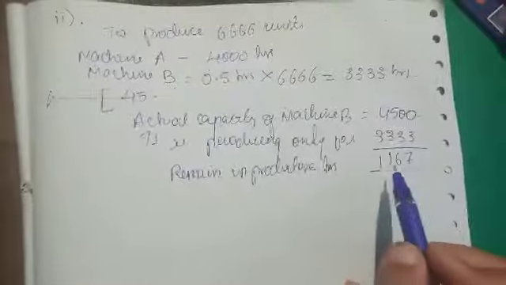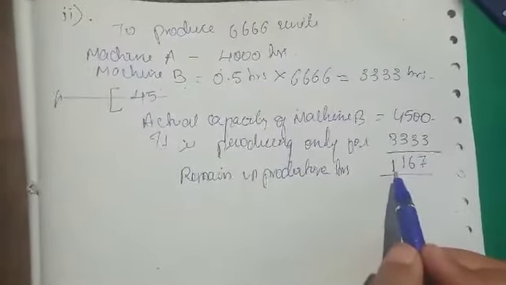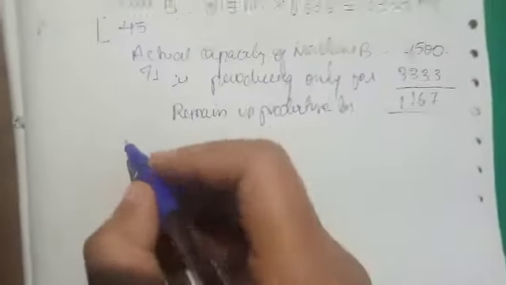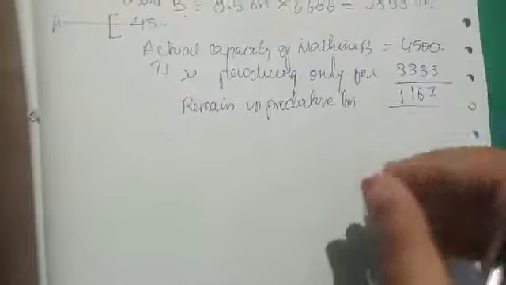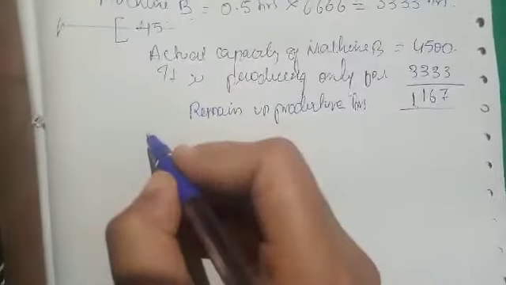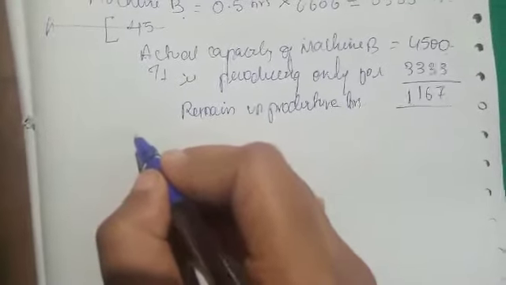For this, they said that they are giving the compensation. In the question, they are saying that for these unproductive hours they are giving the cost. I mean, they are providing the compensation of rupees 60 per hour.